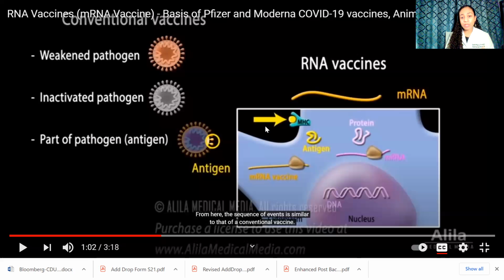That happens not because the body made antibodies towards this S protein, but one of the other things that happens is that you have cells in your body that are dedicated again to killing these cells and taking them out. And so this mRNA might have entered certain cells, and their normal cells went to attack these cells, and it could have attacked too many. So that's one way that they could have passed away.